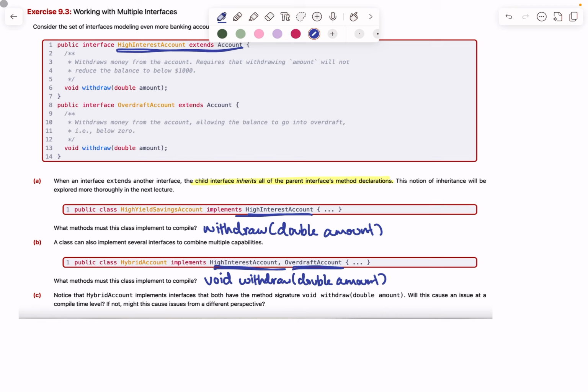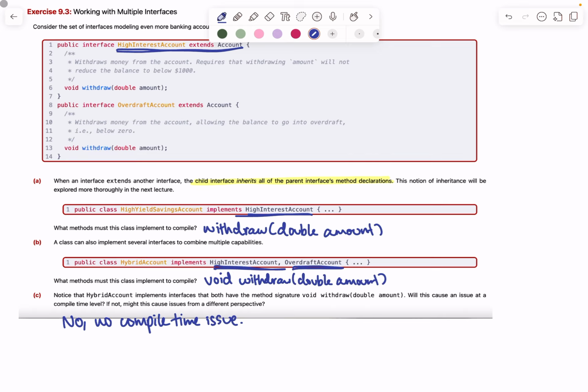High interest account wants us to implement the withdraw method with double amount. Yep, we implemented that. Now let's look at overdraft account. Same thing, void withdraw with the parameter double amount. We also implemented that because it's the exact same method signature. So no, this is not going to create an issue at the compile time level.